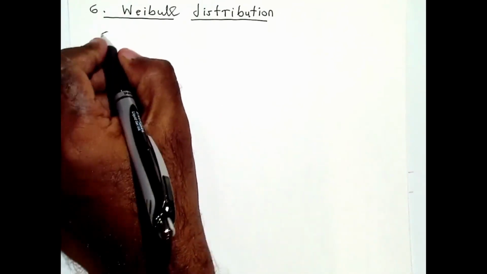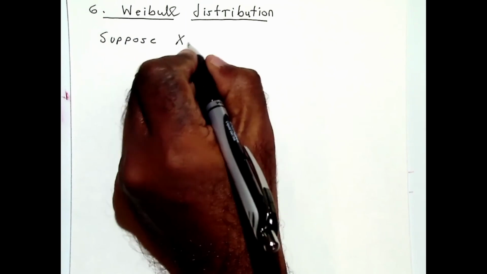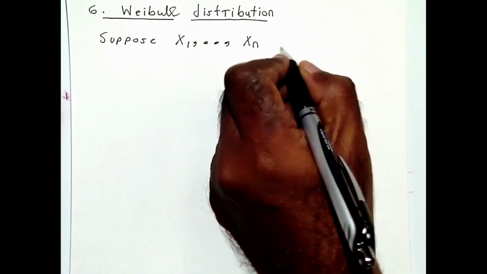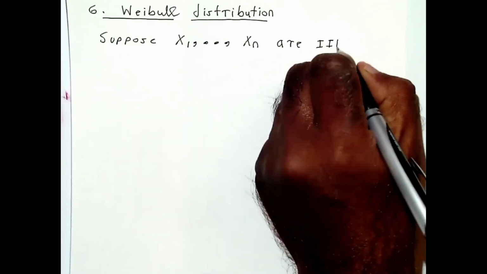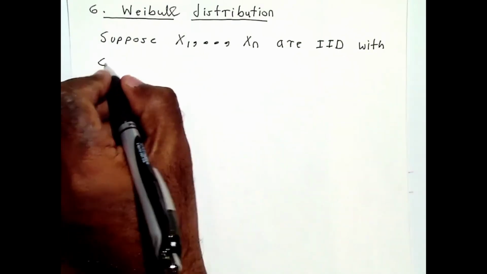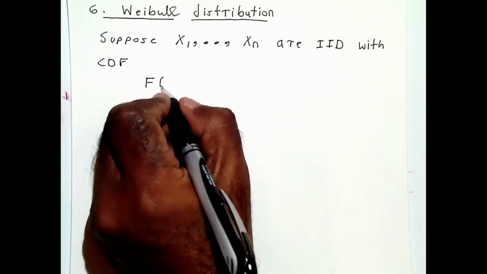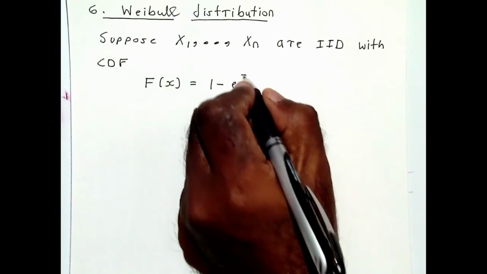So I'm going to suppose that the losses x1 to xn are IID with the CDF equal to the CDF of the Weibull distribution, which is given by this.